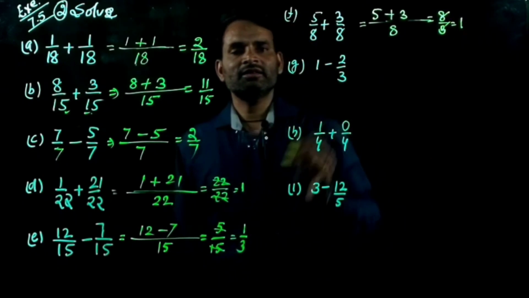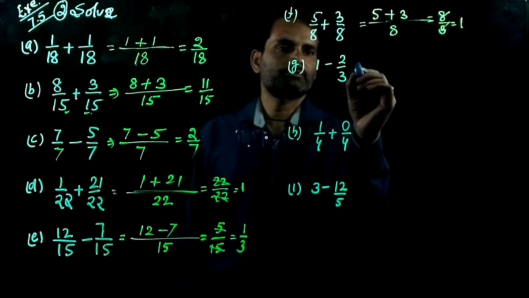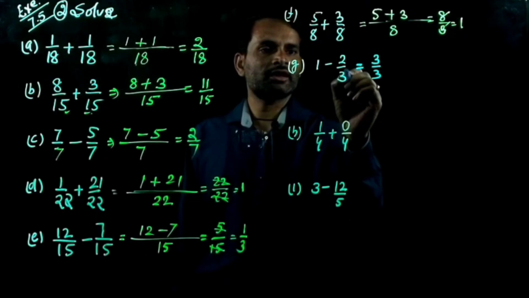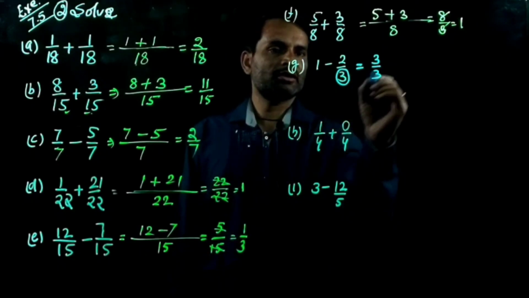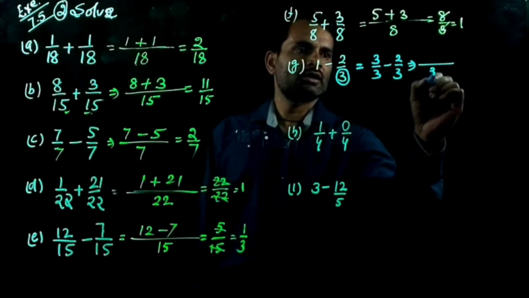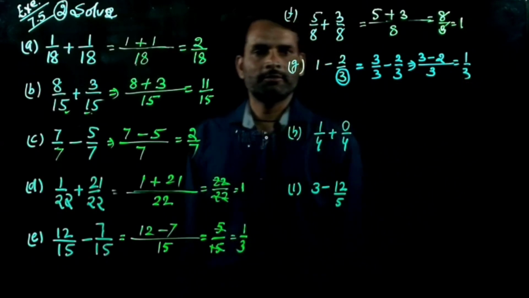Here 1 minus 2 upon 3: you write 1 as 3 upon 3, because the second denominator is 3, so the denominators are the same. 3 minus 2 is equal to 1 upon 3.